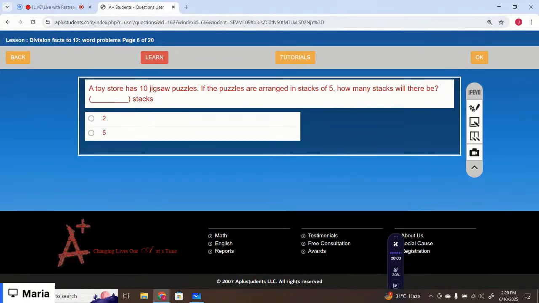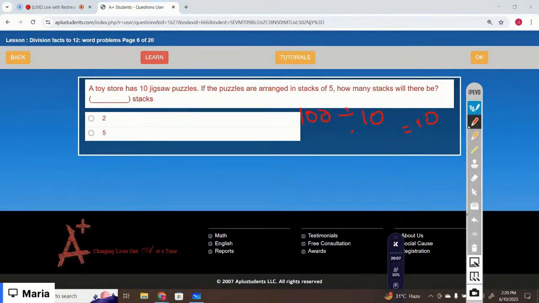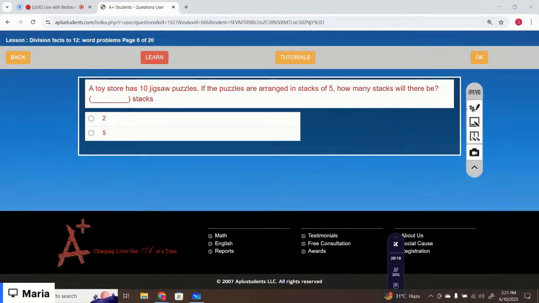So 10 divided by 5 equals, that is the option where 1 is the correct option. Option number 1 is the correct option.